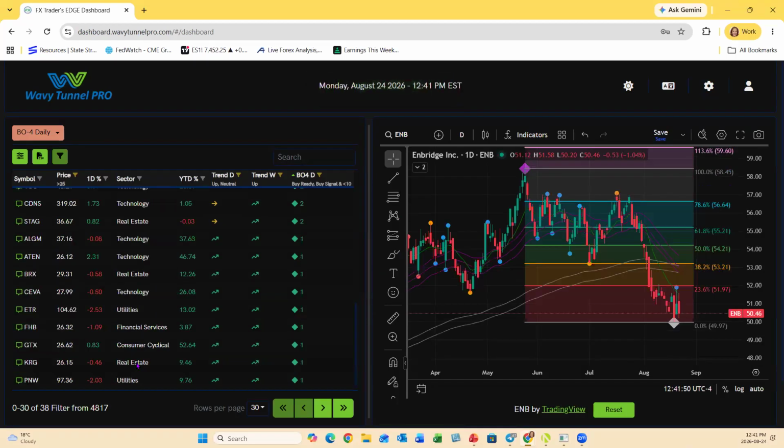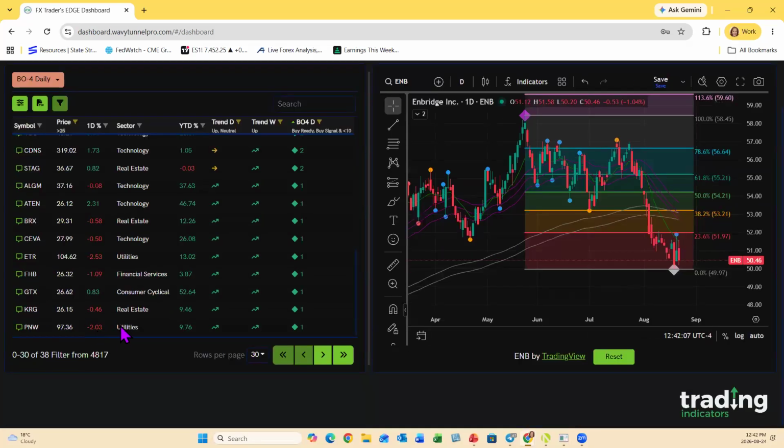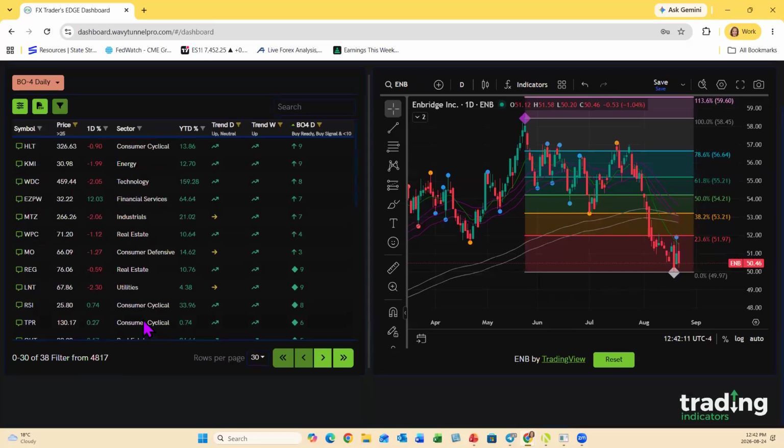Here's another one. I'm going to leave this alone. This is Enbridge. We'll leave it alone. I would like to see, this will show up once we break above the filter. Wait, what happened?